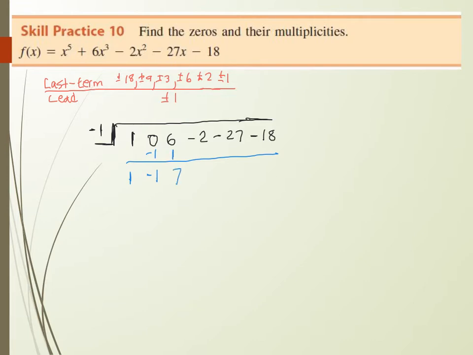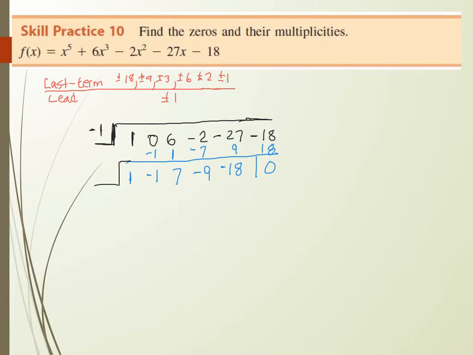That gives me 7. -1 times 7 is a -7, which is a -9. -1 times a -9 is 9, and that gives me 18, a -18. And this gives me 18, and there's a 0. Okay. So now we're going to go ahead and see if we can get another number out of this.